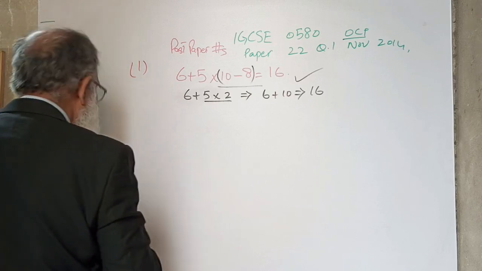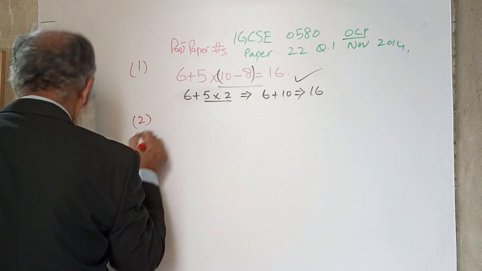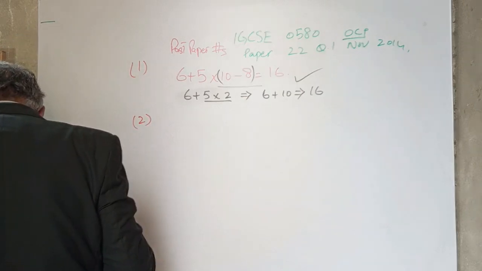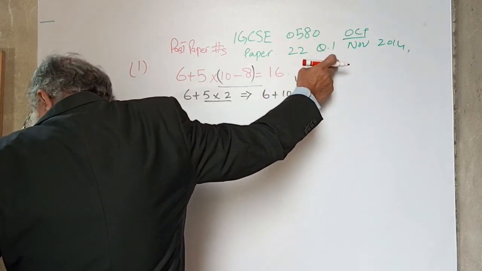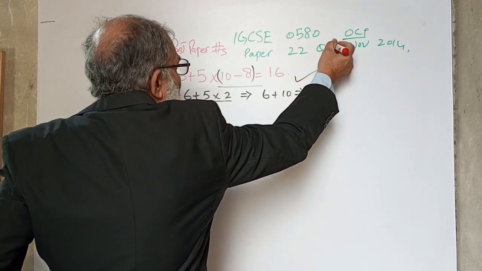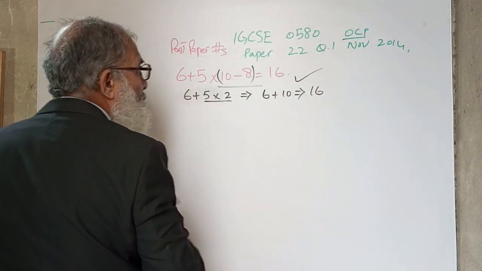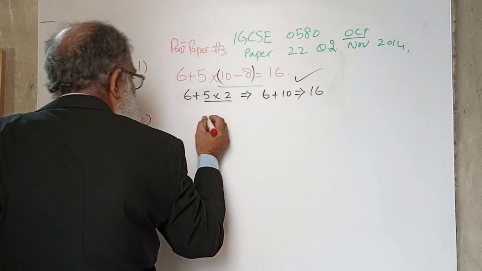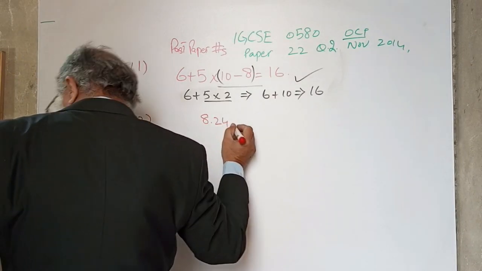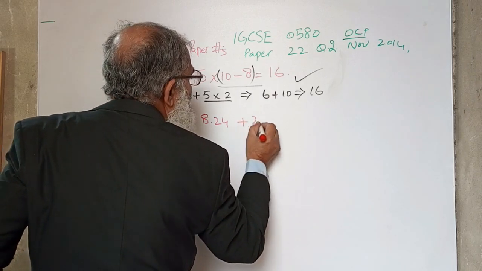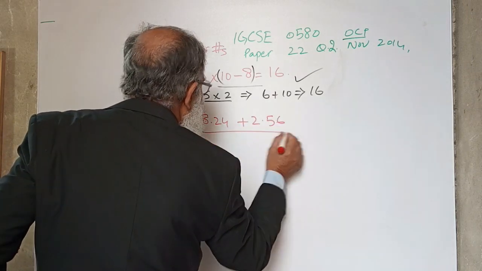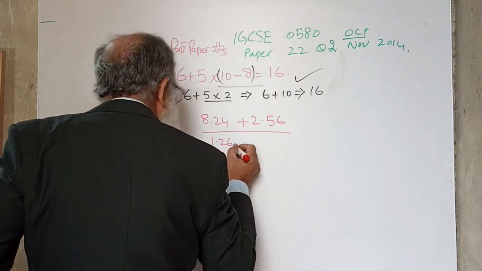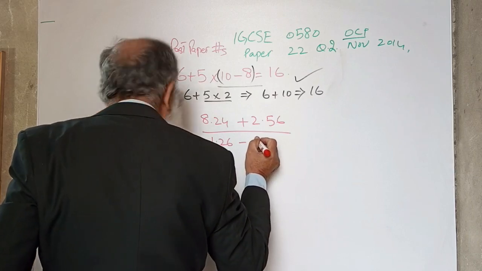Question number 2. The reference for this question is all the same, but here it is question number 2. Now we have to calculate 8.24 plus 2.56, that be divided by 1.26 minus 0.72.